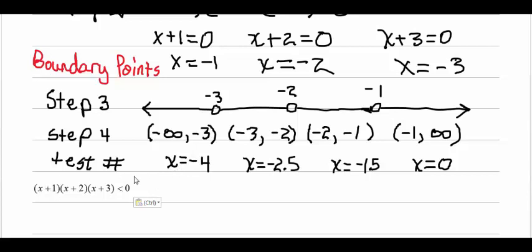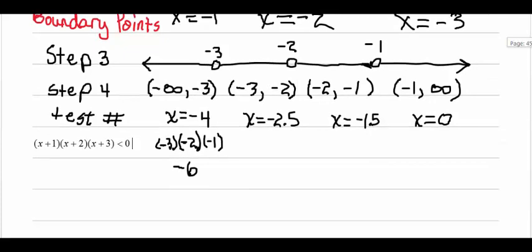We'll have -4 plus 1, that actually is -3, times -4 plus 2, that's -2, times -4 plus 3, that's -1. So notice if x is -4, we get -3 times -2, which is +6, times -1, which is -6.